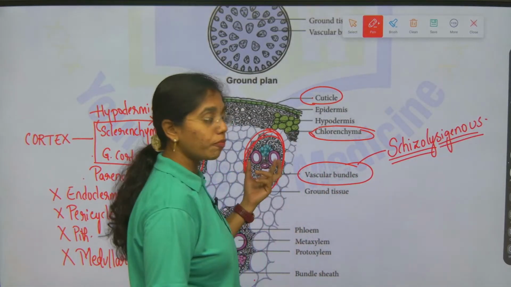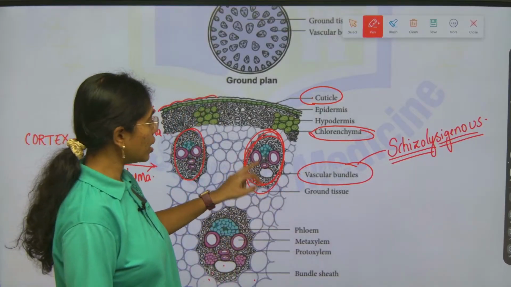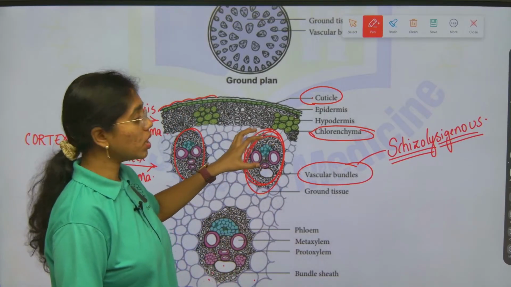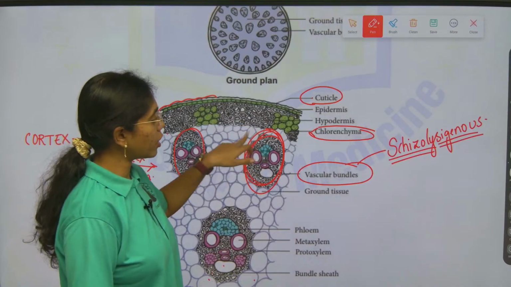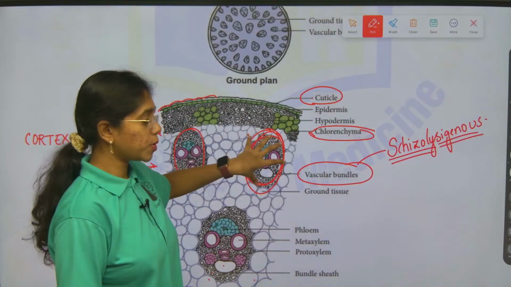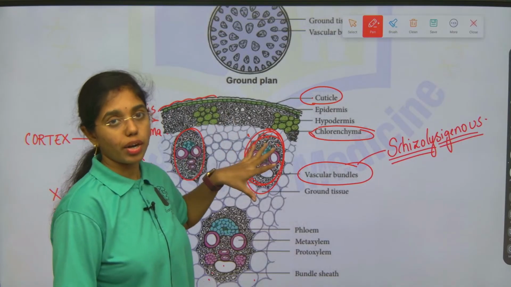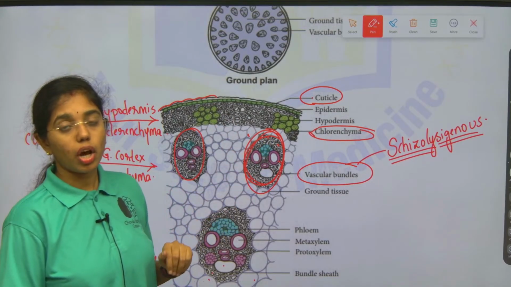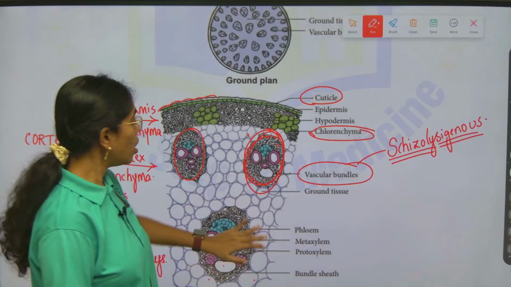It is because of both things: schizogeny, large intercellular spaces, and lysogeny, because of the death of the cells. In these spaces vascular bundles originate. That is the reason we call it schizolysigenous in origin.